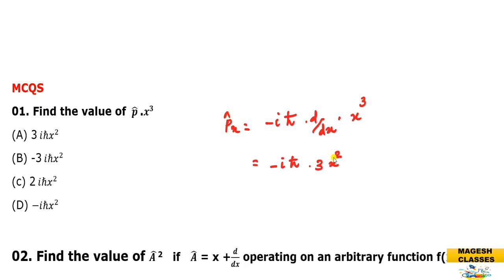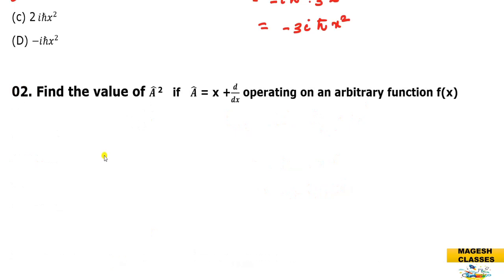So it is 3x squared. The value is minus i h cut 3x squared. Our answer is clear.